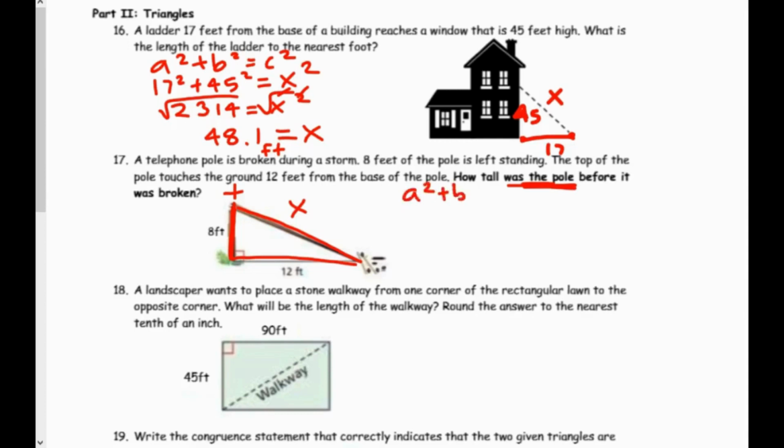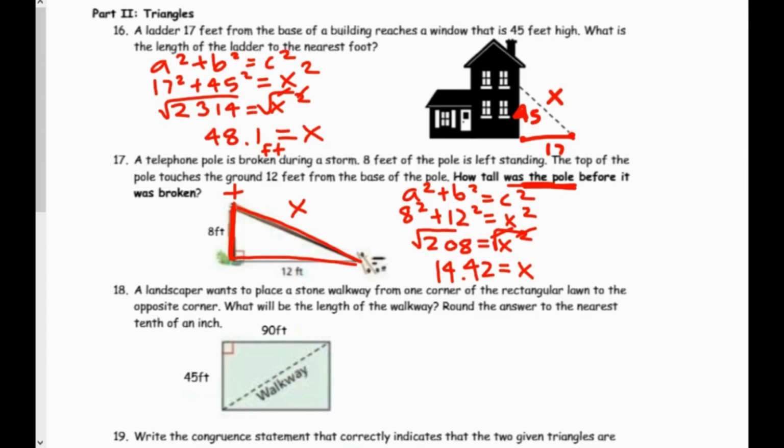A squared plus b squared equals c squared. 8 squared plus 12 squared equals x squared. I go to my calculator and I do 8 squared plus 12 squared. I get 208 equals x squared. Then I square root. 14.42 is x, and that's not the final answer.